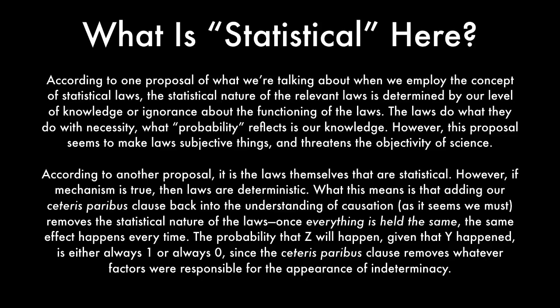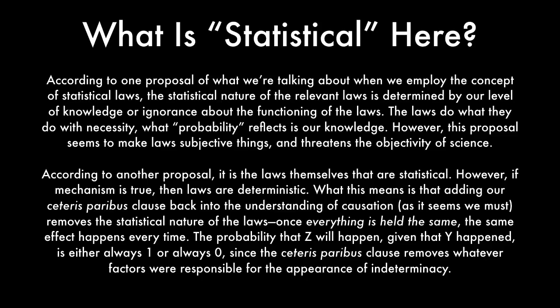So, that is, if mechanism is true of the world, then the laws of nature are deterministic, such that whenever you give the world a cause of a certain sort, it spits out an effect of exactly the same type every time you give it that sort of cause. If we think that laws are statistical in nature, and therefore that our notion of causation that's undergirded by those laws is statistical in nature, that's just because we haven't actually been holding everything fixed.